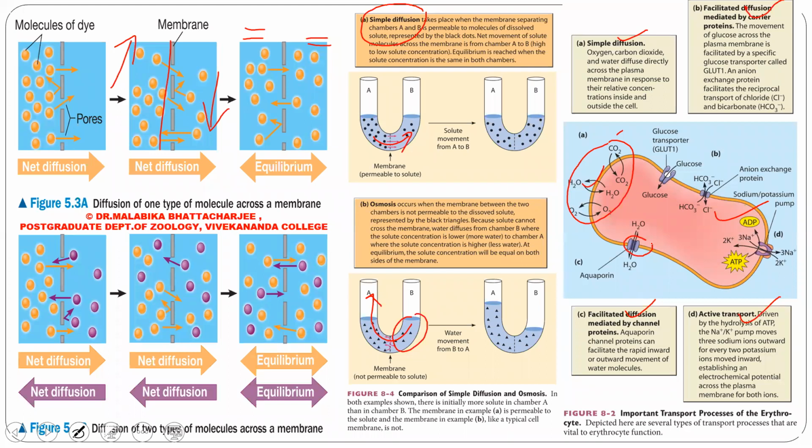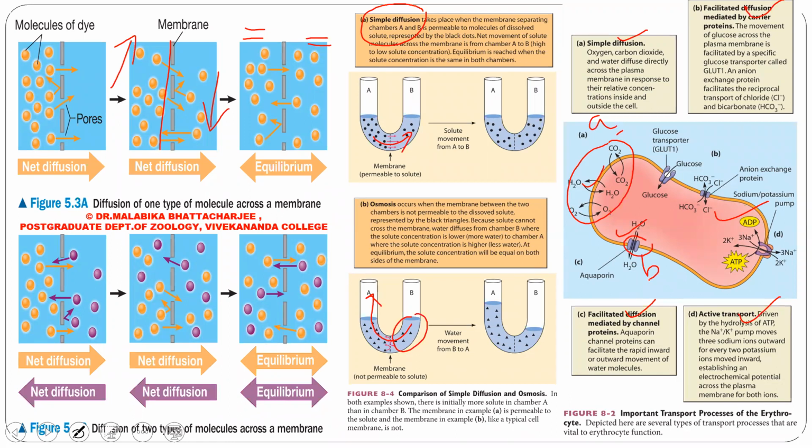So the rapid inward and outward movement of water is seen in the case of these aquaporin channels. We saw the case of simple diffusion, and now we are seeing the case of facilitated diffusion by a channel protein. Through a channel, water is moving in and out.